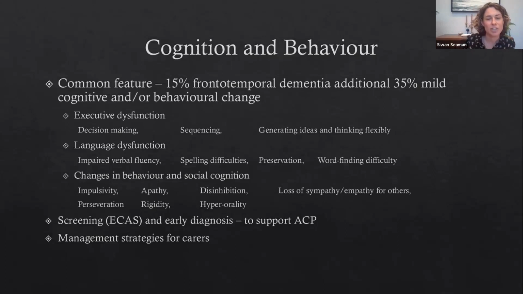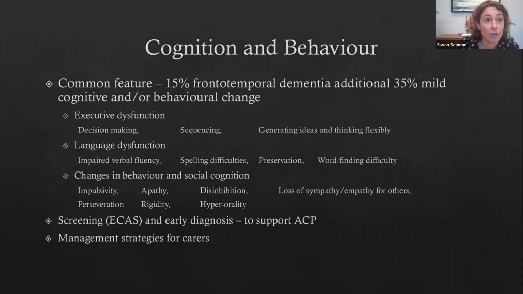And the sort of cognitive changes that we see are different to those changes that you might see in Alzheimer's dementia or vascular dementia, and tend to be focused on executive dysfunction and language problems as well, in particular spelling difficulties and impaired verbal fluency.